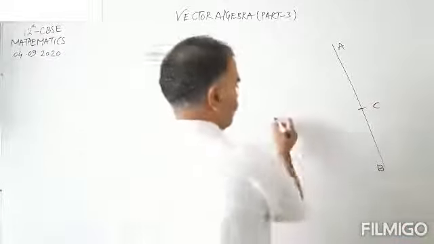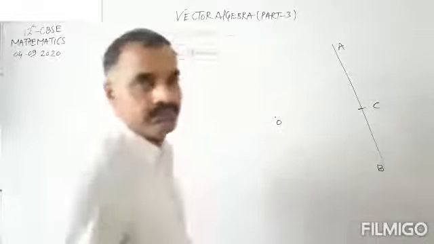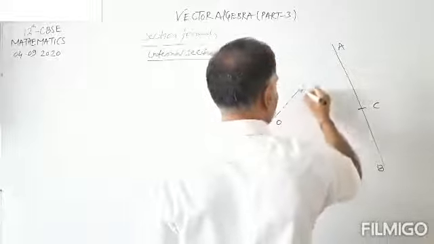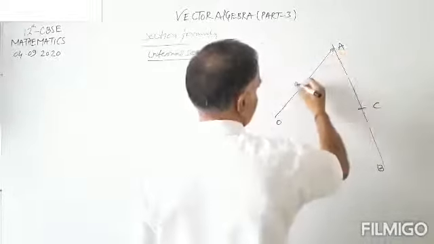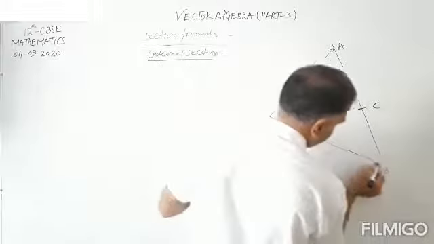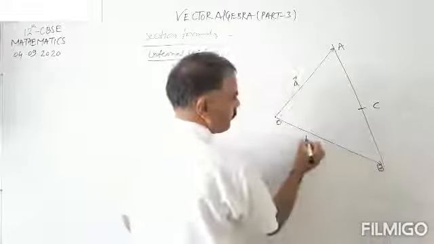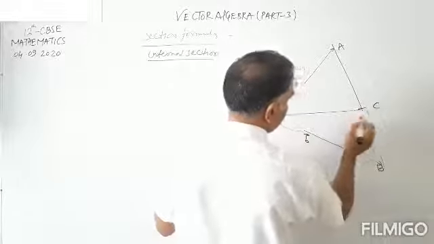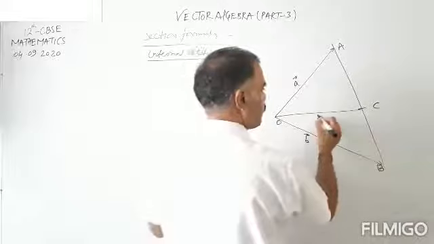Now let O be the origin. The position vector of A with respect to the origin is A vector. The position vector of B with respect to the origin is B vector. And the position vector of C with respect to O is C vector.